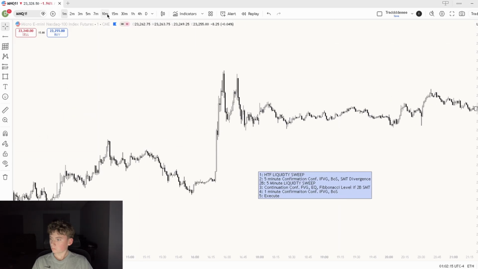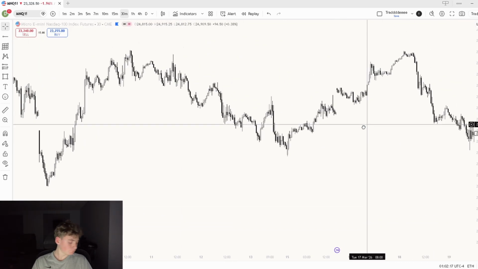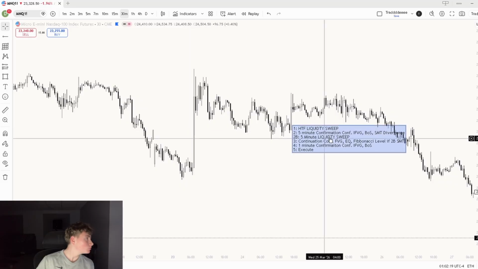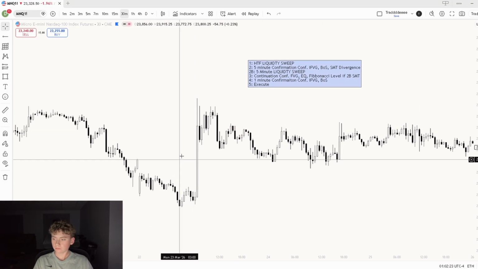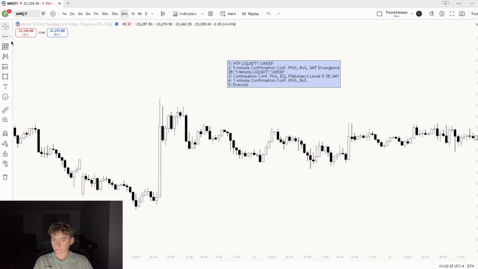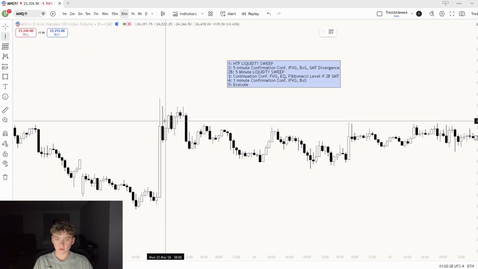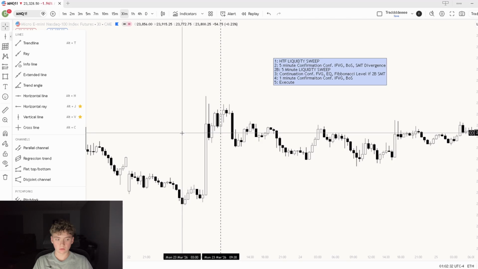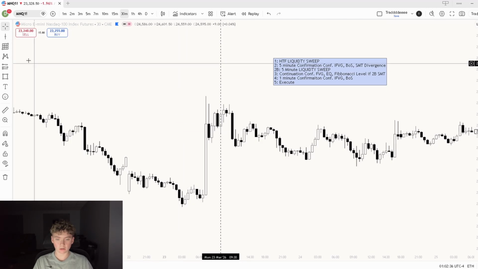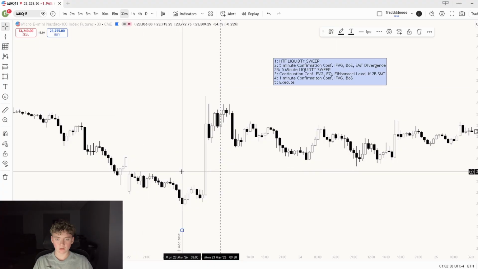We had this Drake candle from a Trump tweet, per usual. Drake candle. Let's take a look here. It's when market opens. It's London. There we go.